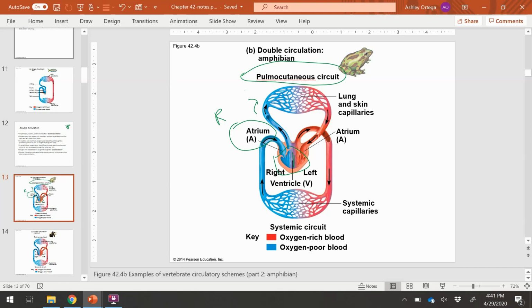And then from there, it's going to go into the left atrium, which will temporarily store the oxygen-rich blood, and that's going to go into the ventricle and pump out of the ventricle into the artery that's going to go out to the body. Here you can see in the systemic capillaries it goes to the body, exchanges that gas, and then goes back to the right atrium.